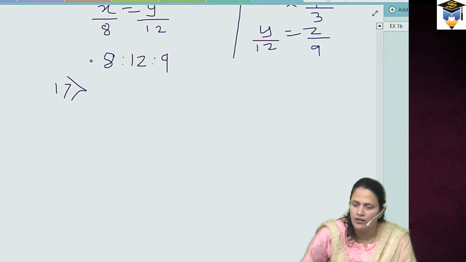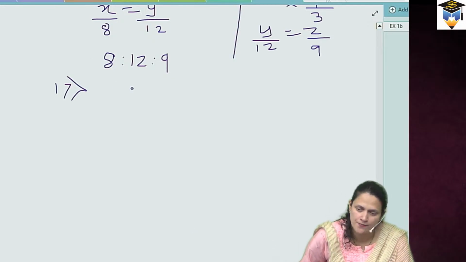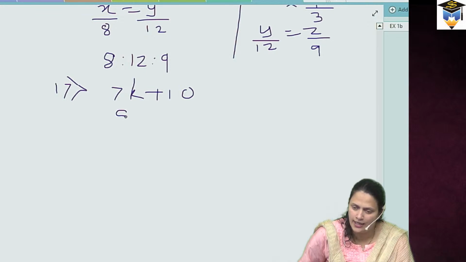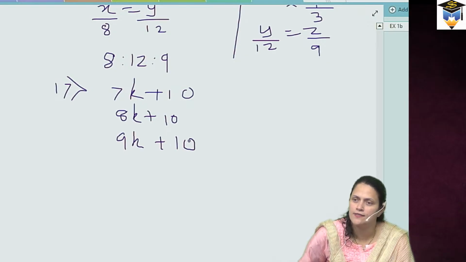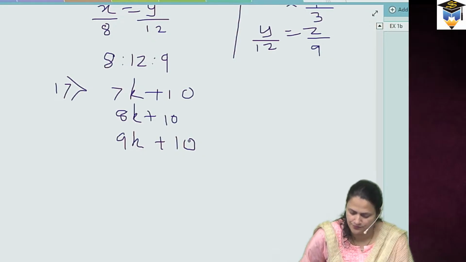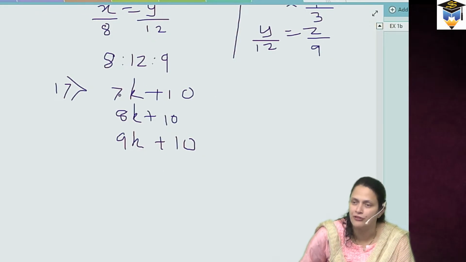So what will be their present ages? Can I write it down as 7k plus 10, 8k plus 10 and 9k plus 10 are their present ages? Can I say this? Now their addition is given to us as 150.